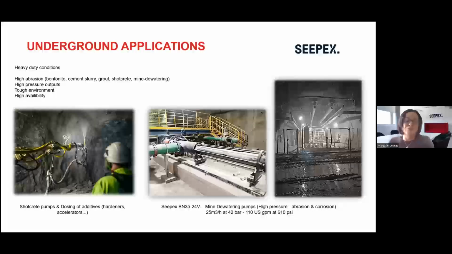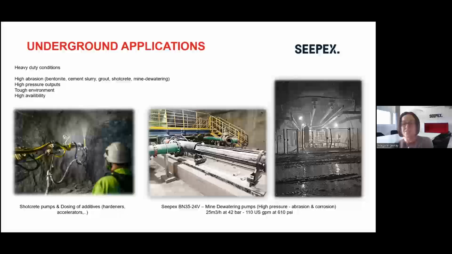One first application is shotcrete. We need to spray the shotcrete with high pressure so that we are sure it will stick to the walls. So we need high pressure and we need a pump capable of transferring abrasive fluid. We are dealing with bentonite, cement slurry, grout.